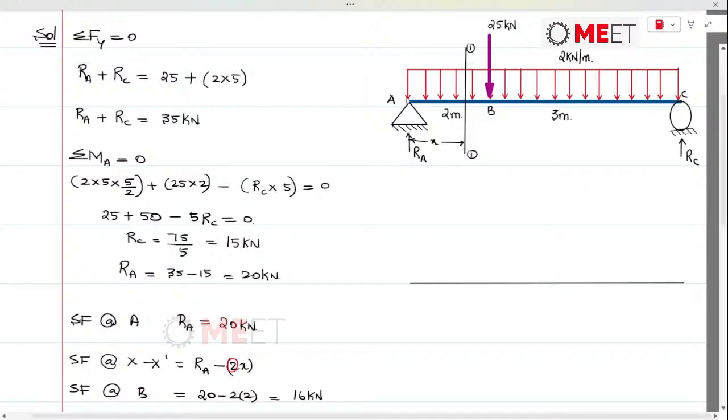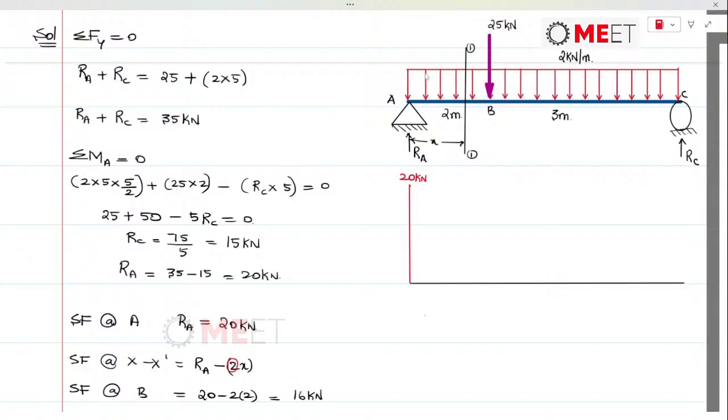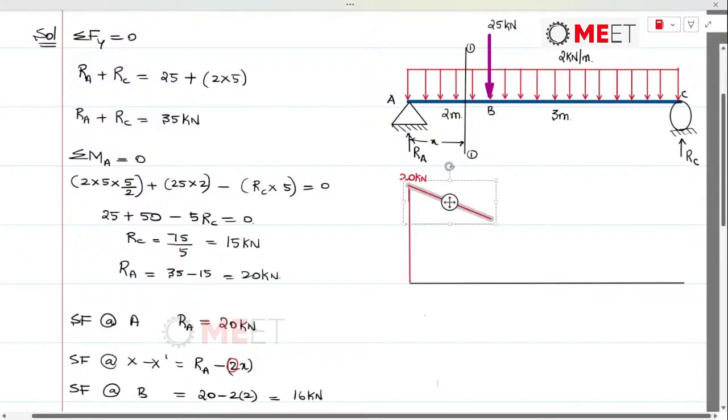So I need to increase the height. This would be 20 kilonewtons. And from here onwards, we will find a linear drop up till point B. There is a linear drop. Let me check whether this is coinciding with point B or not.